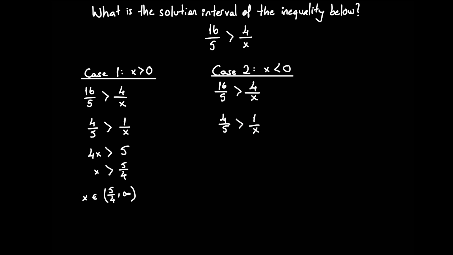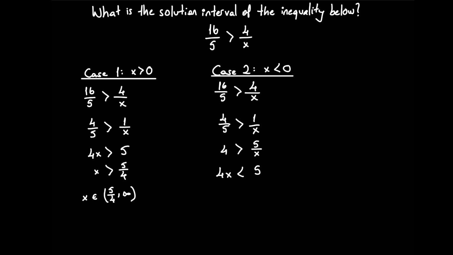And here, I will pass 5 to the right hand side first, and then x to the left hand side. So first, I will pass 5 to the right hand side, and I will get 4 greater than 5 over x. And now I will pass x to the left hand side, and I will get 4x lower than 5.